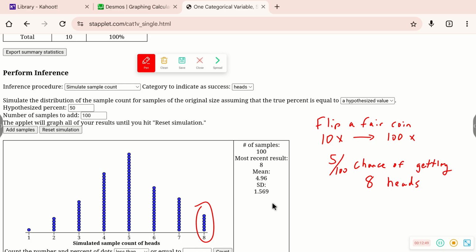Again, your simulation may look a little bit different, but we probably should have some on 8 right there if we do it 100 times.